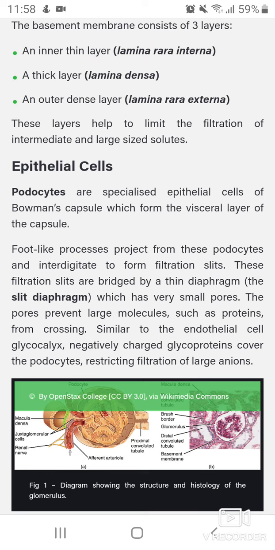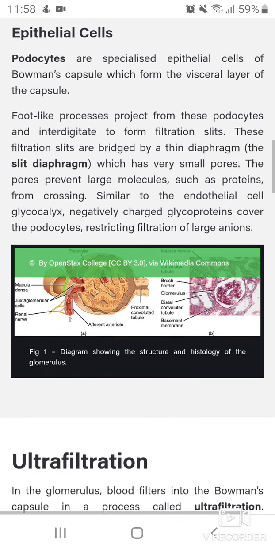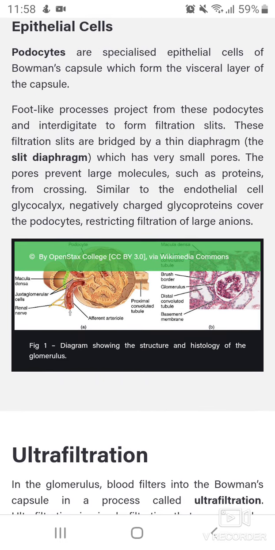These filtration slits are bridged by a thin diaphragm, the slit diaphragm, which has very small pores. The pores prevent large molecules such as proteins from crossing. Similar to the endothelial cells, a glycocalyx of negatively charged glycoproteins covers the podocytes, restricting filtration of large anions. You can see clearly in the diagram showing the structure and histology of glomerulus.